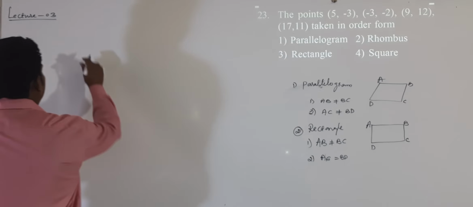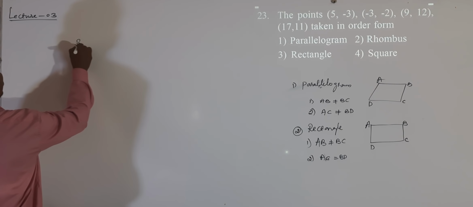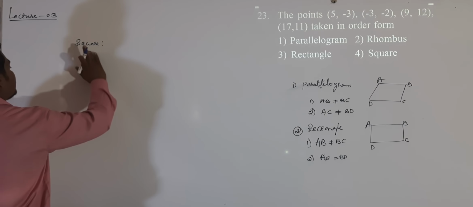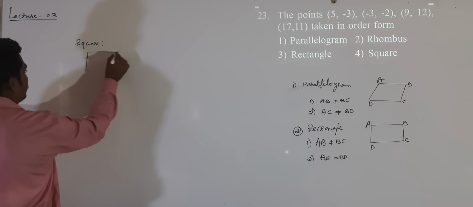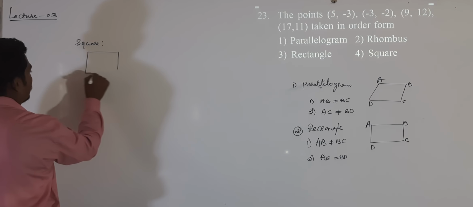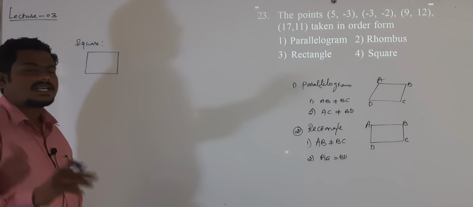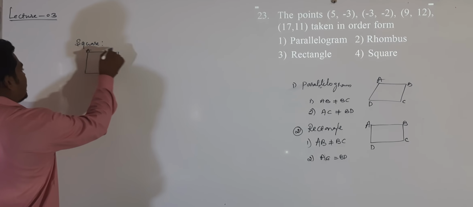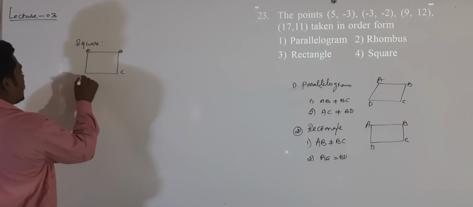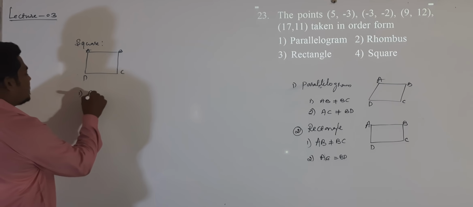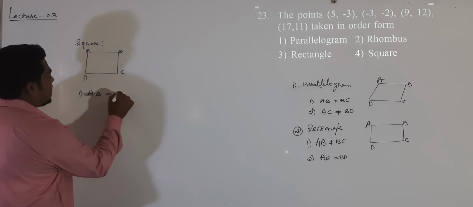Then square. In a square, adjacent sides are equal. Not only adjacent sides, all sides are equal, but our requirement is just adjacent sides. Suppose A, B, C and D. A given quadrilateral is said to be a square if adjacent sides are equal, AB equal to BC.